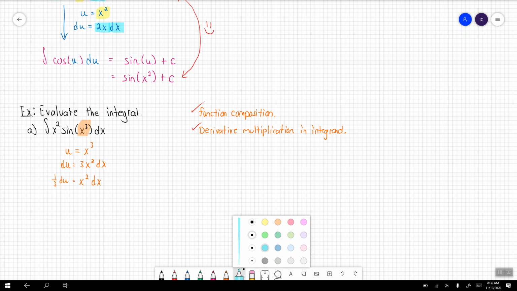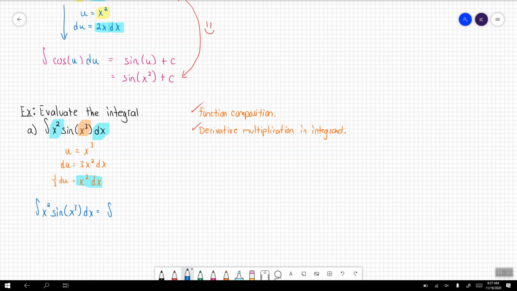Now, I'm going to say that my x squared dx, that's this piece here. Oh, sorry, not that piece. My apologies. That's this piece right here. That's 1/3 du. So in order to rewrite this integral, I'm going to say the integral of x squared times sine of x cubed dx is equal to my new integral.